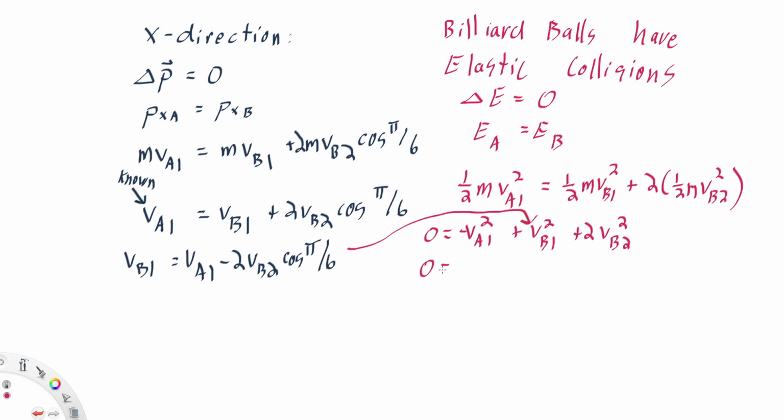So we get 0 equals minus VA1 squared plus VA1 minus 2 VB2 cosine pi over 6, quantity squared.